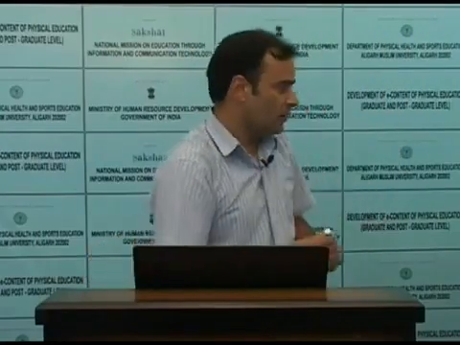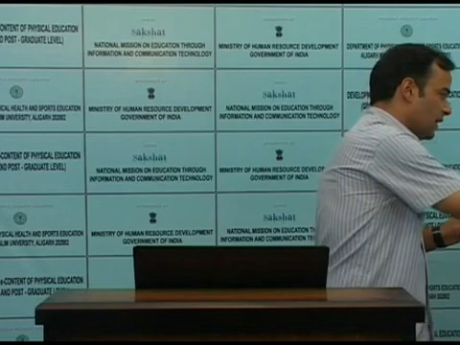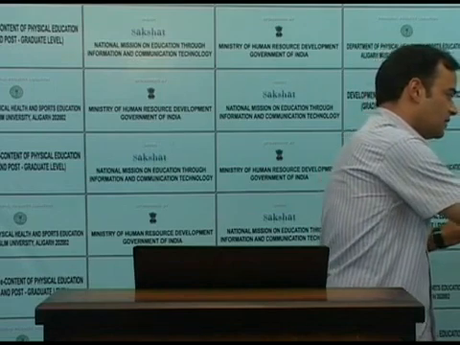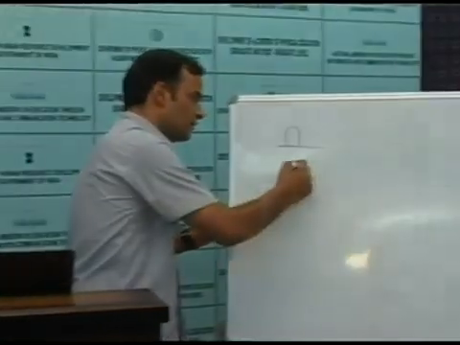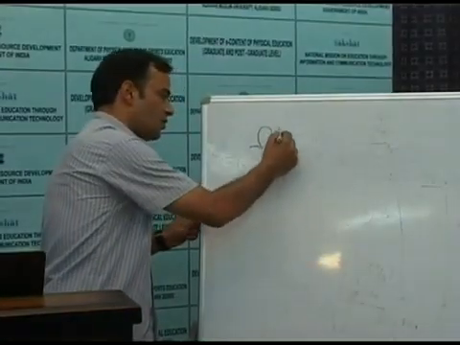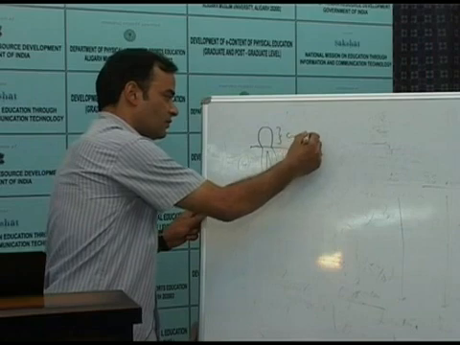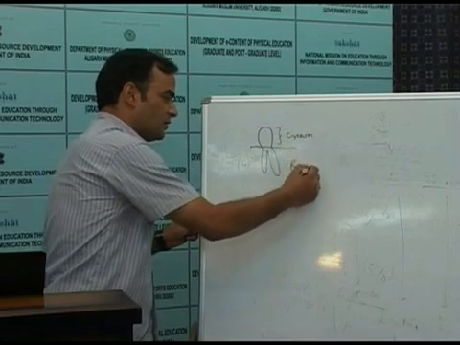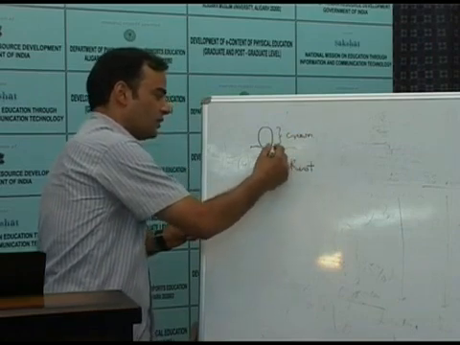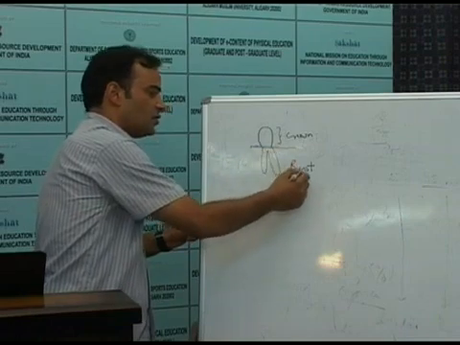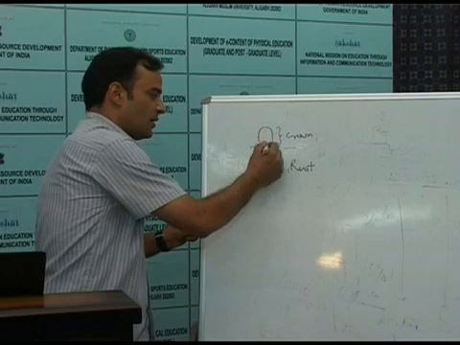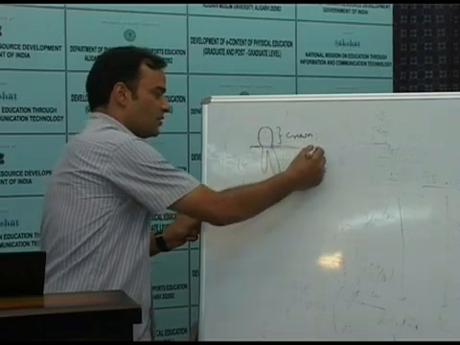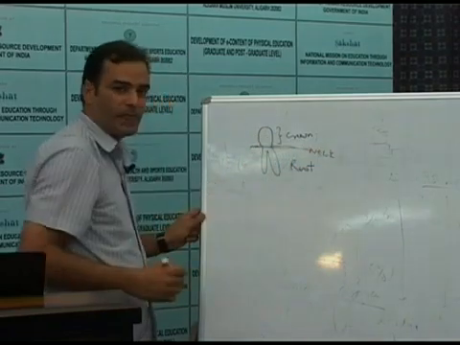Here you can see that if this is our gum, the portion coming out of it will be called the crown, and the portion of the tooth inside the gums is called the root. Here a collar-like area is called the neck.